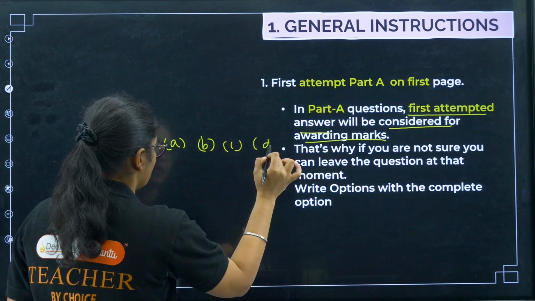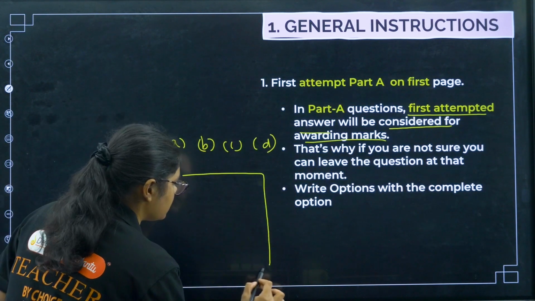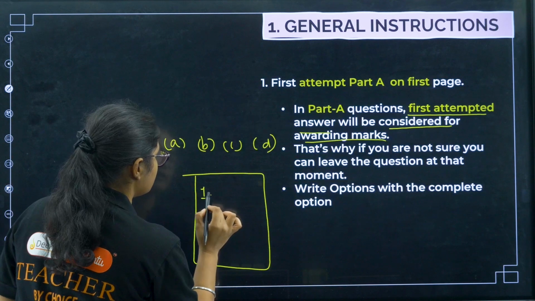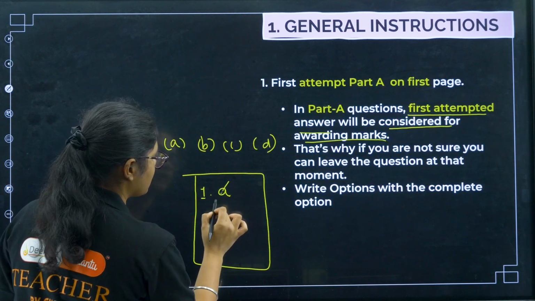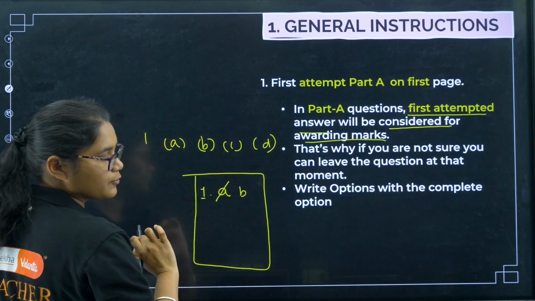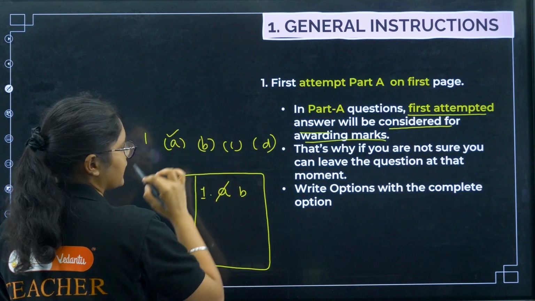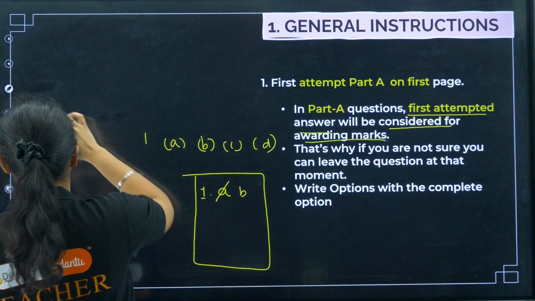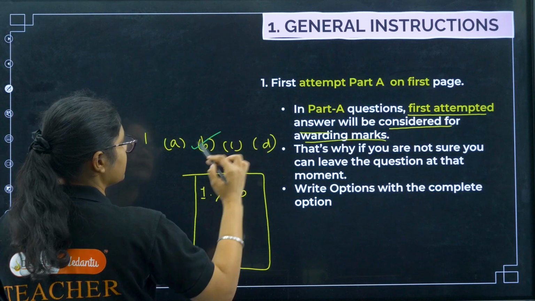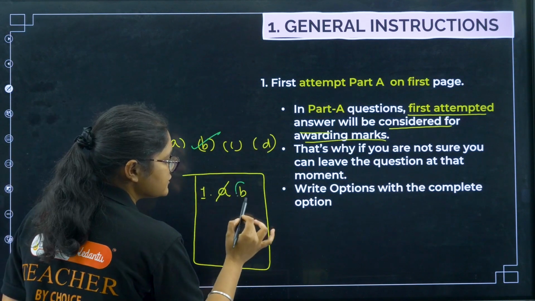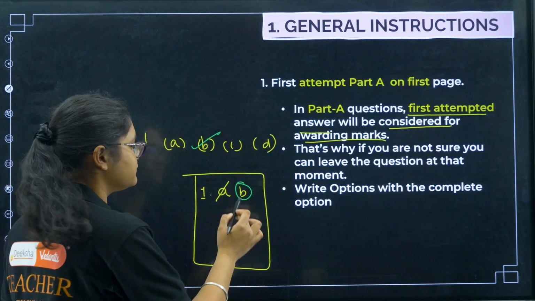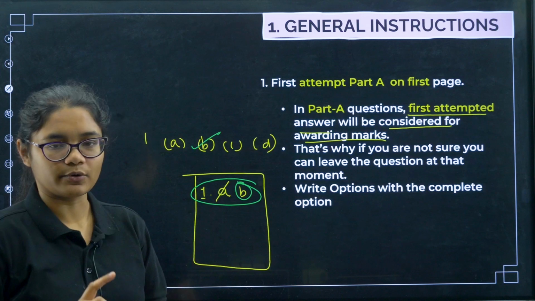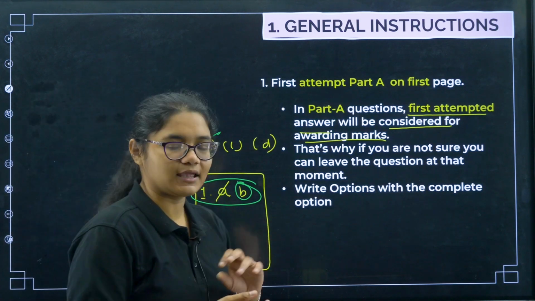In your answer sheet you wrote 1, and then you wrote A, you cancelled it and you wrote B. Suppose the correct answer is B, but since it is your second attempted answer, this will not be evaluated. So you should be very careful here.